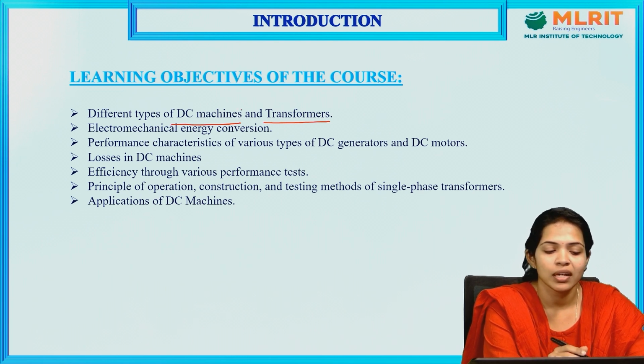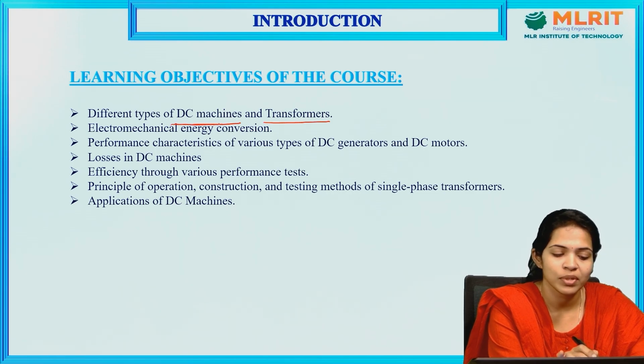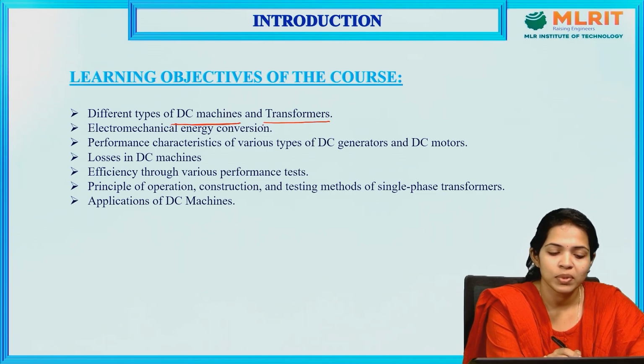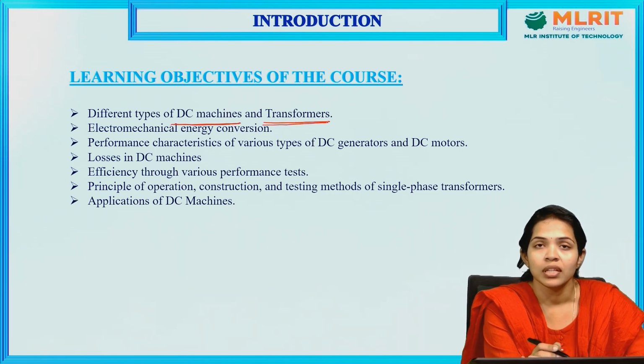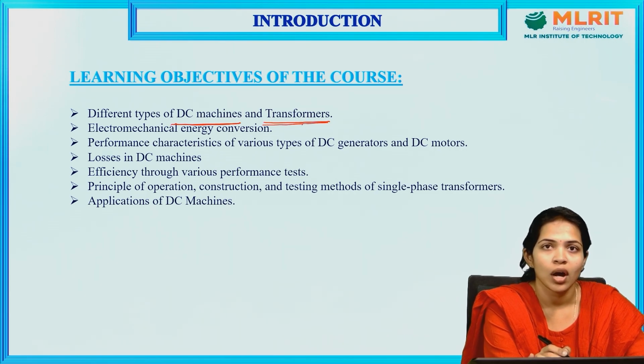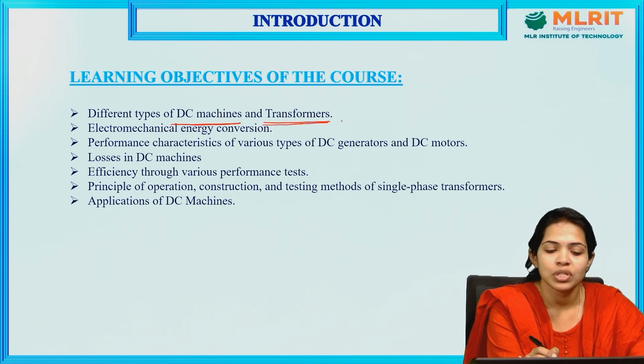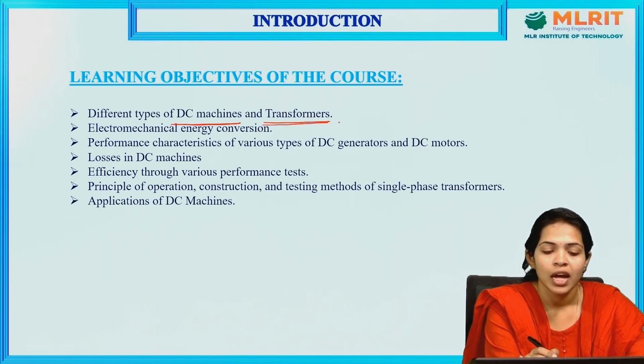We will also be studying transformers: the working principle, construction, how the EMF is generated in the core of the transformer, the efficiency calculations, and the various tests performed on a transformer to calculate its efficiency.